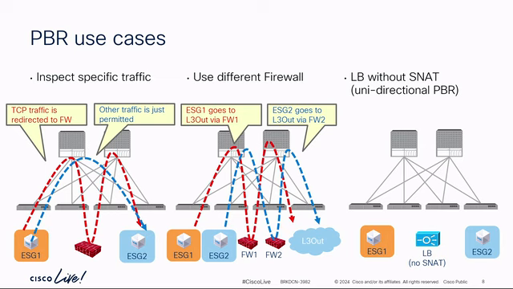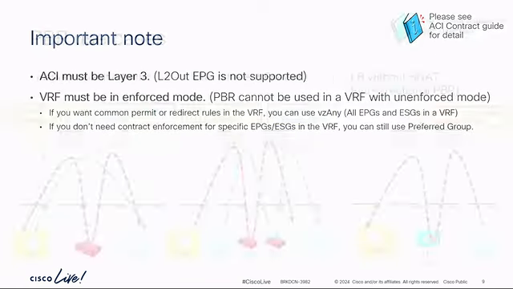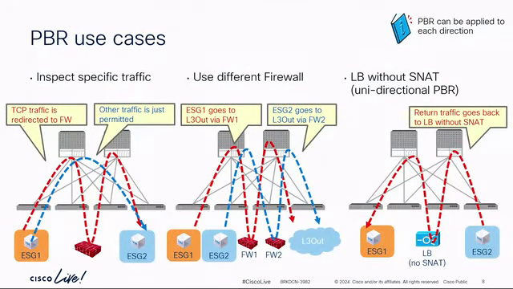That said, for return traffic, if source NAT was not enforced by the load balancer, you might need to get return traffic back to the load balancer. In that case, you can enable PBR for return direction only. The point here is that PBR can be applied for both directions or either one of them, depending on your use case.